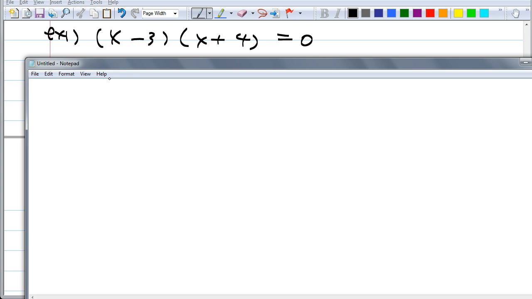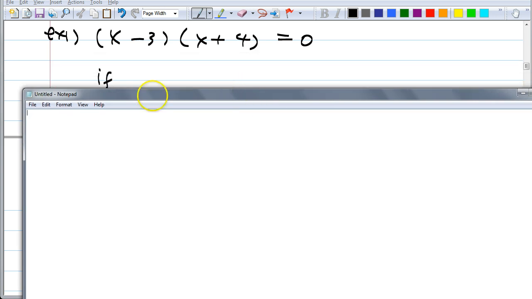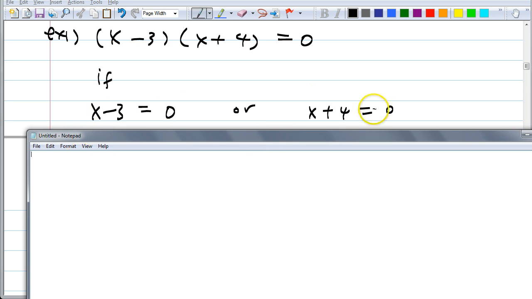It's not k, it's x minus 3. What is your b this time? This will be true if one of them equals 0. So this is how you do these: if x minus 3 is equal to 0 or if x minus 4 equals 0. And now, do we know how to solve these linear equations?